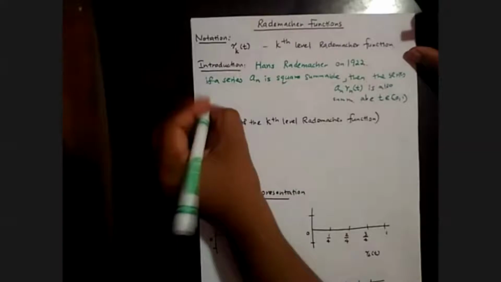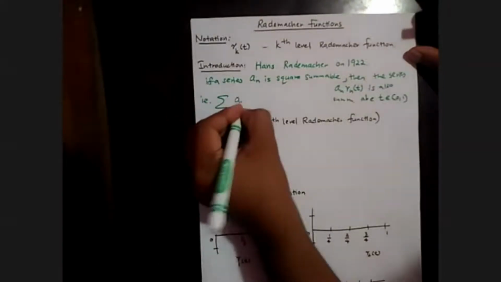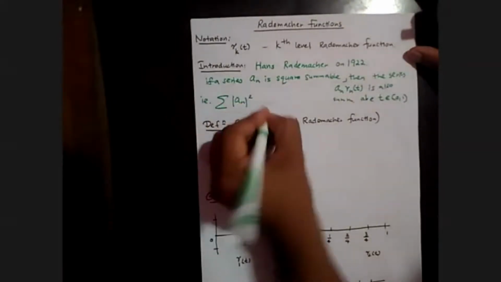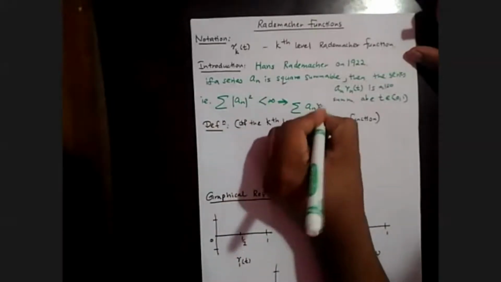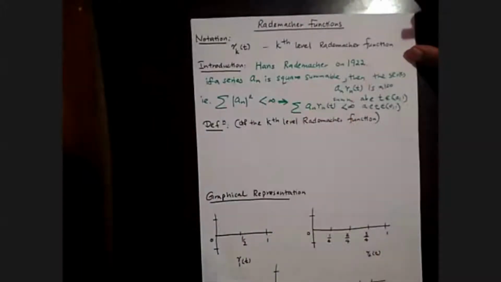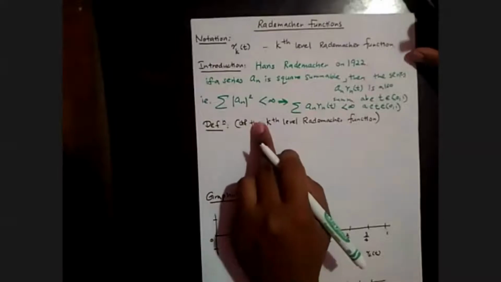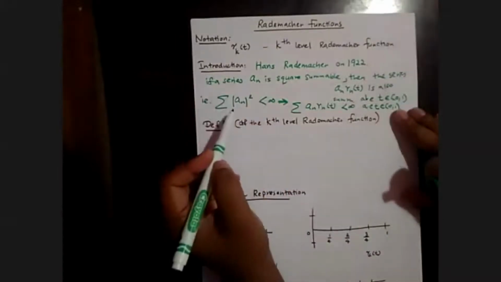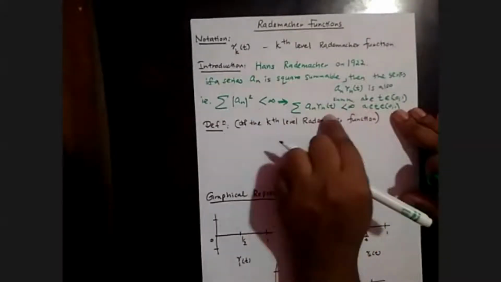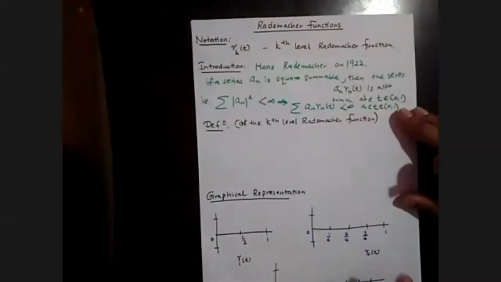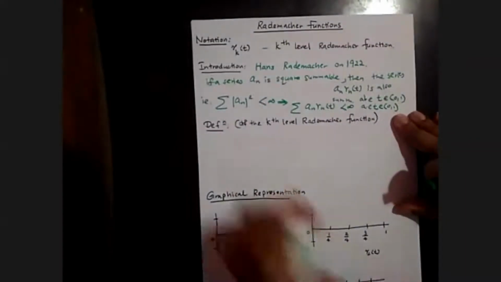That is, you can say that if sigma a_n squared is finite, then sigma a_n R_n of t is also finite for almost every t on [0, 1]. Right? So here R_n of t is the nth level of the Rademacher function.